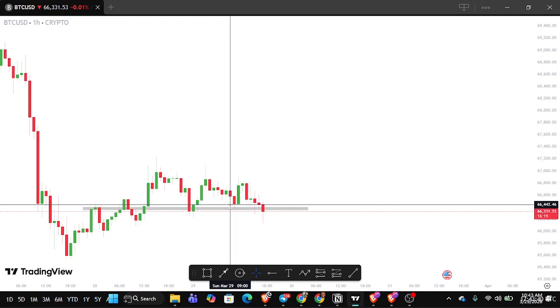Because when price is in sync with the overall trend, it doesn't break structures that it's creating. It sticks to those structures. But when it's not in sync with the overall trend, it can break structure and everything will still be okay. If that makes sense.